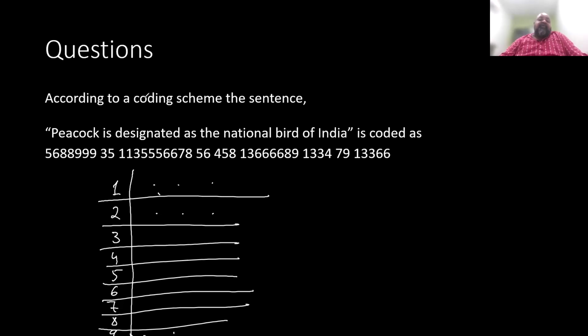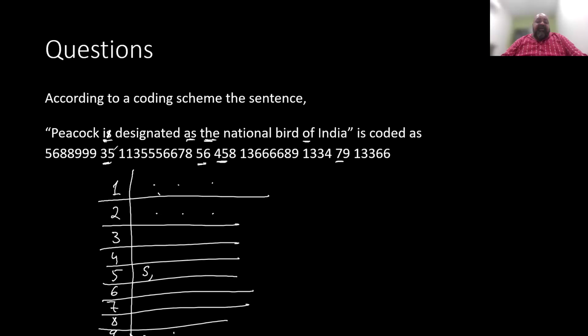Yeah, if I have to start, I'll start from the smaller words. "Is" is 35. "As" is 56. "The" is 458. "Of" is 79. Now, if I look at "is" and "as", S is a common alphabet and the code 5 is common, which means 5 will be a code for S for sure.